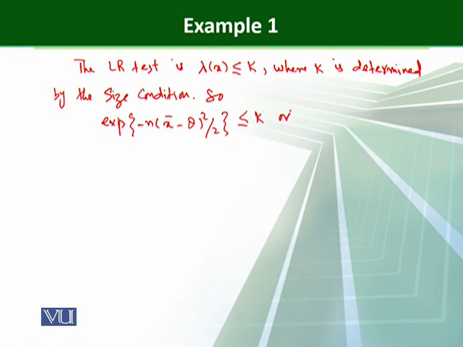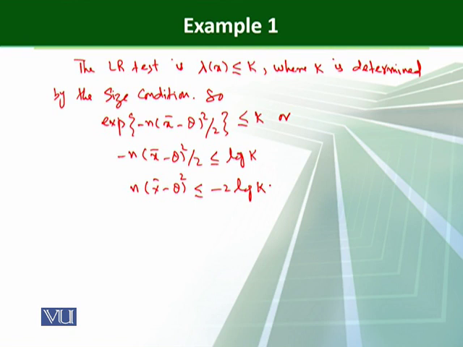We can take the log of both sides, then we find minus n times x bar minus theta squared over 2 is less than or equal to log of k. Further simplifying, n times x bar minus theta squared is less than or equal to minus 2 log of k.